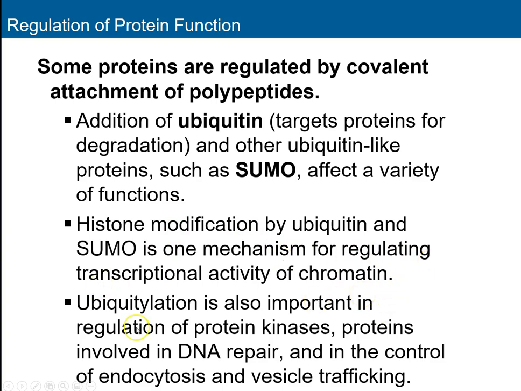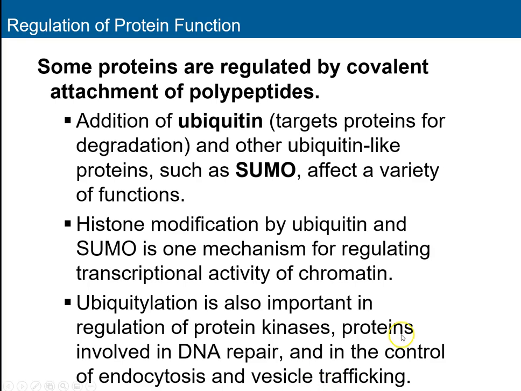Ubiquitination, or adding ubiquitin, is also important for regulation of protein kinases. There are certain proteins that are more likely to be used as regulatory proteins, like ubiquitin and SUMO, and when they're bound to other proteins, they will alter their activity.